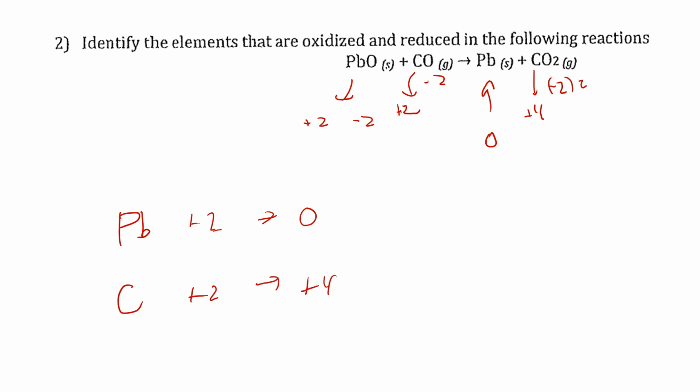Remember that if you have a plus 2 charge, that means you lost 2 electrons. So for you to go back to 0, you had to have gained electrons. That means lead is reduced.